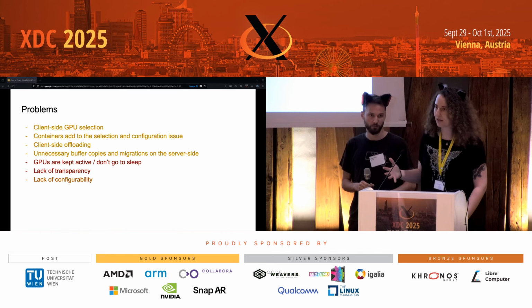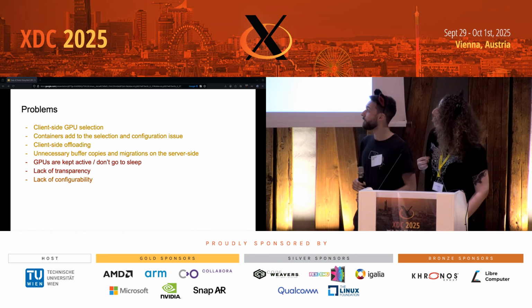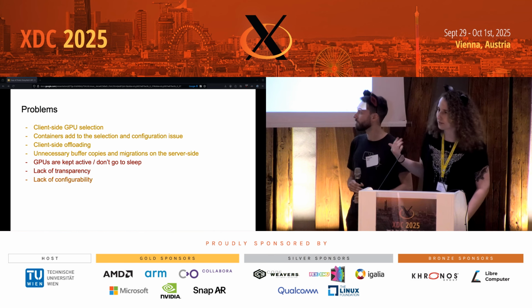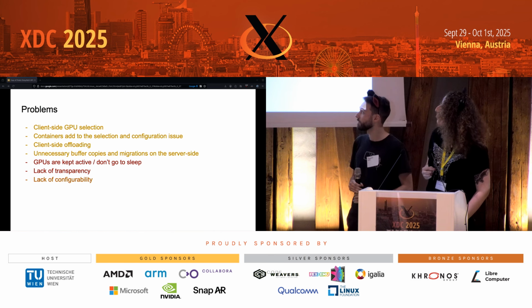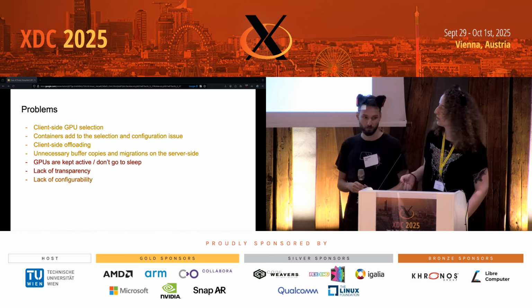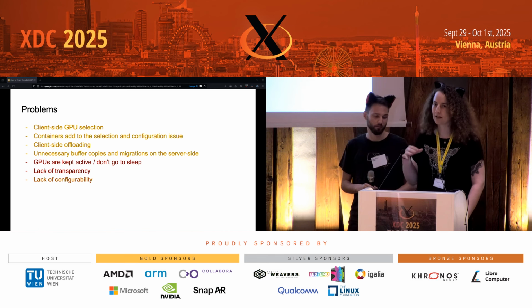All of this has to be encoded in the sandbox. We have client-side offloading being worked on, but not being addressed at all at the moment. And then nobody actually attempts to do anything about GPUs continuously being active, and in that context, transparency and visualizing the current state to the user.